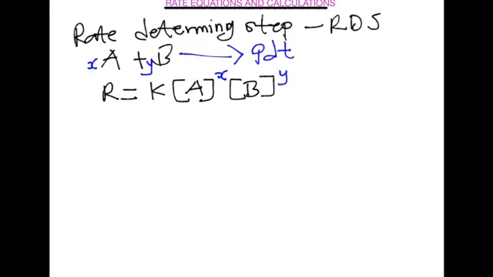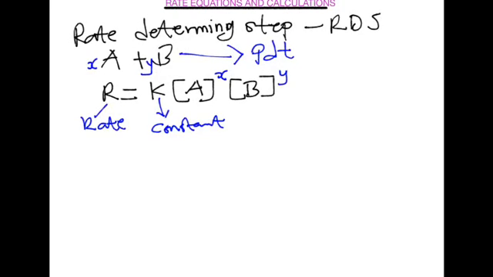Alright, so we look at that and we said the R here is our rate, the K is a specific rate constant, and then A and B are the reactants, and then we have X and Y being their moles.